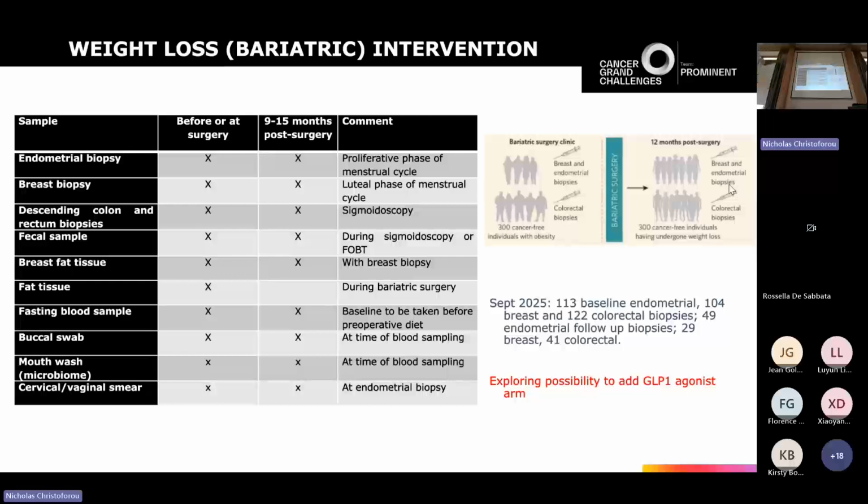As I said, all these samples will undergo bulk RNA-seq and spatial proteomics, and also sequencing in the next year to 18 months, so this will be a very large data set available for analysis. But we also now have the biorepository, so if you have a particular interest in these samples, or ideas of what you'd like to do with them, or particular technologies you'd like to apply to them, I'm very happy to talk about collaboration.